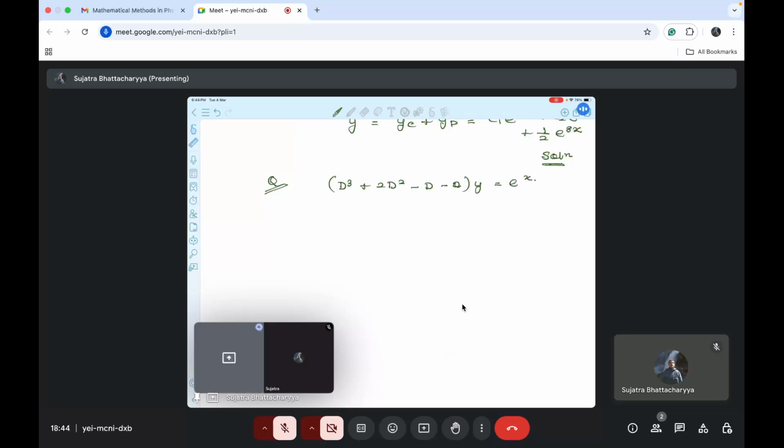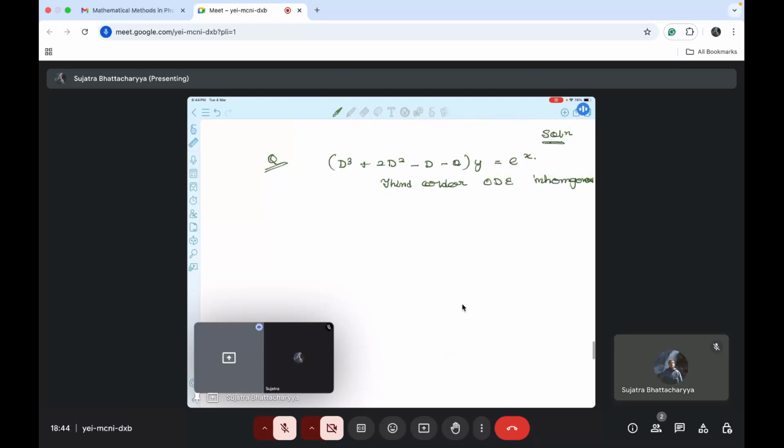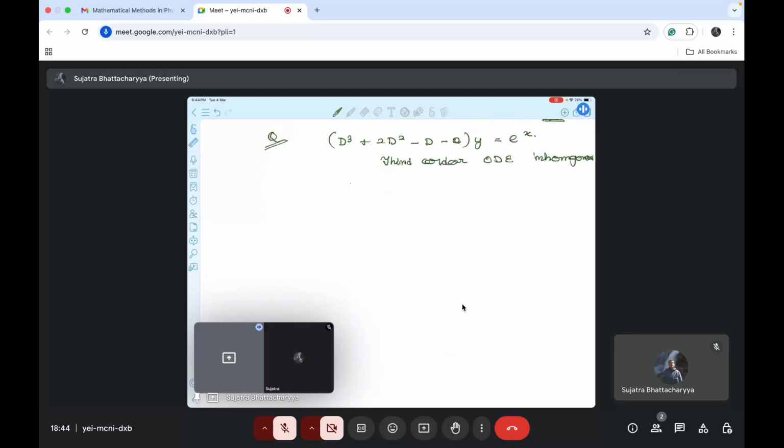So this is a third order ODE and inhomogeneous. It's easy, we can do this. It's not so difficult. So let's find out the complementary solution.